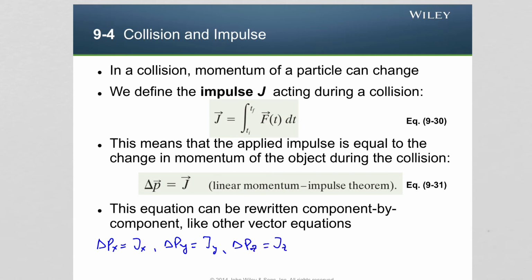Now, calculating this integral is not necessarily doable in some situations. However, instead of using this force that changes with time, we can average the force over time, which then is going to simplify the calculation of the integral.